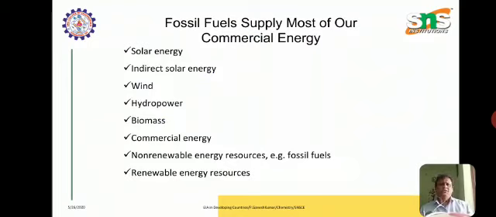So, does fossil fuel supply most of our commercial energy? Yes. Even though we have a lot of energy like this, fossil fuel cannot supply these things. We have solar energy, which is an alternative source, and there are direct and indirect solar energies. Even wind energy is there. Hydropower plants are there. Biomass is there.